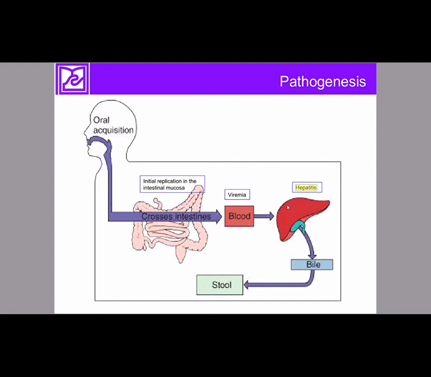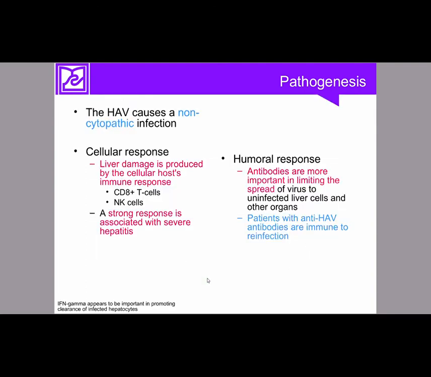When they are in the liver, they replicate a lot in the liver, and they are released, shed in the bile, from the bile to the stool. So they are excreted, released in stool. This is the reason why these viruses are transmitted through the fecal-oral route.